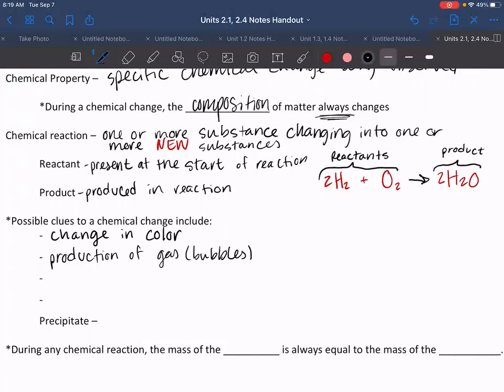We also have transfer of energy. What do you think I mean by that? Any ideas? What are we looking for a change in, do you think? Exactly, if it gets hot or sometimes it gets cold. So we're looking for a temperature change for that one. And then lastly, we have formation of a precipitate.